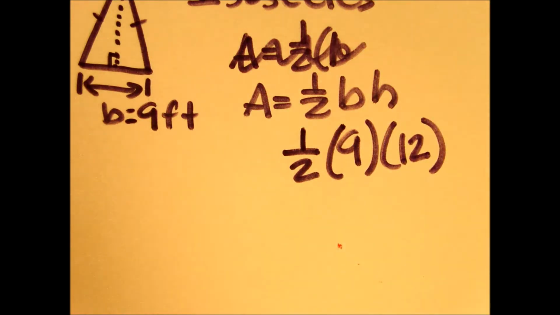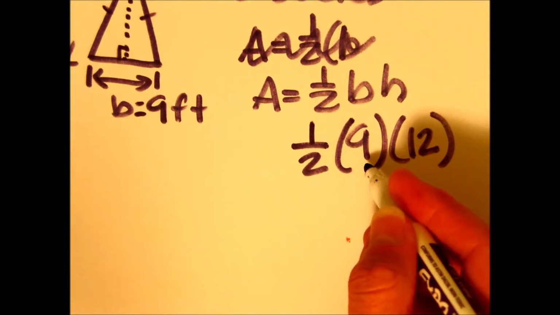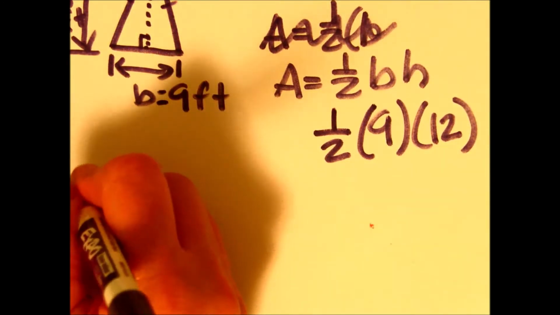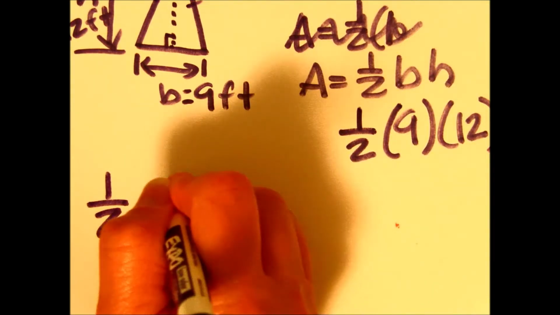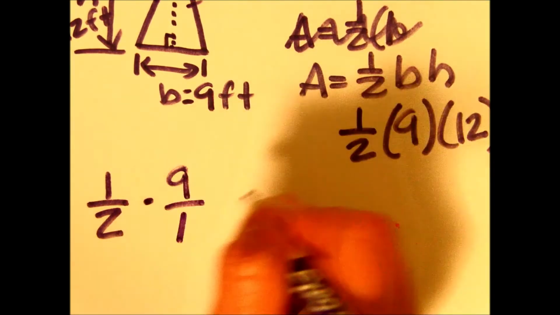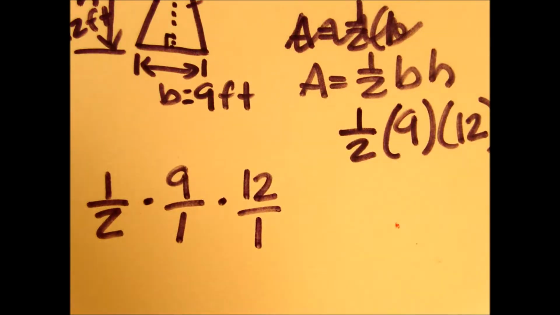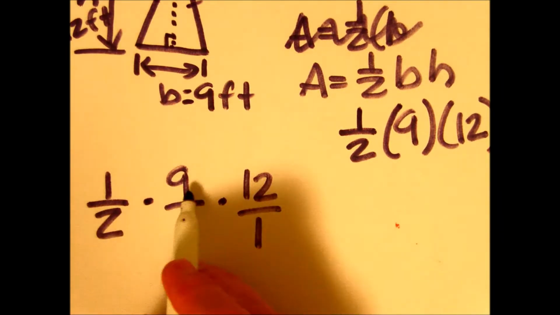So there's a couple ways we can solve this problem. The first is to take half of 9, and if you want to do that mentally, that's fine. If you want to write it out, I'll go ahead and do that. So we've got 1/2 times 9 over 1 times 12 over 1. And with reducing, you don't have to take 1/2 of 9.